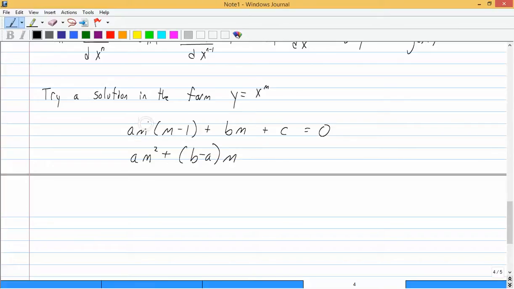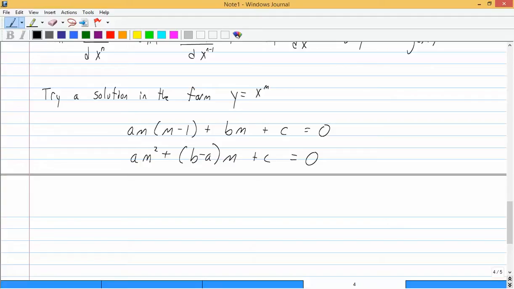If you distribute this, you'd have some b minus a times m plus c equals 0. And that looks like a quadratic equation, and so we can treat it like a quadratic equation. Once we solve for m, we're going to get one of three things, right?